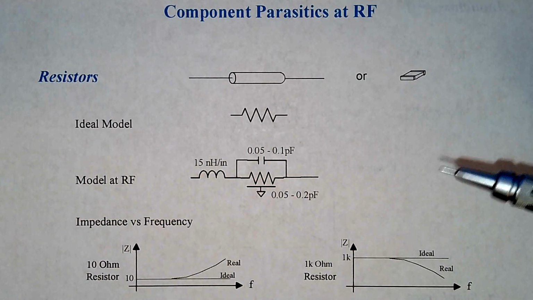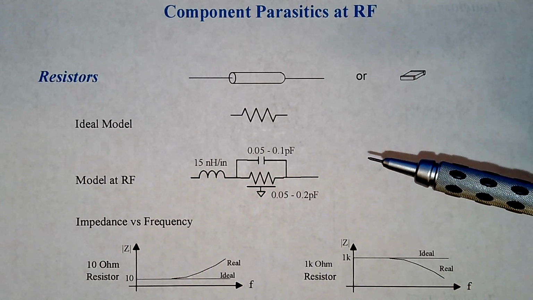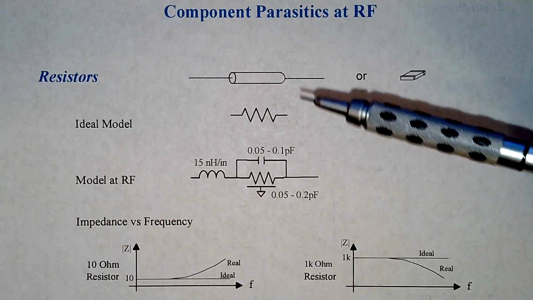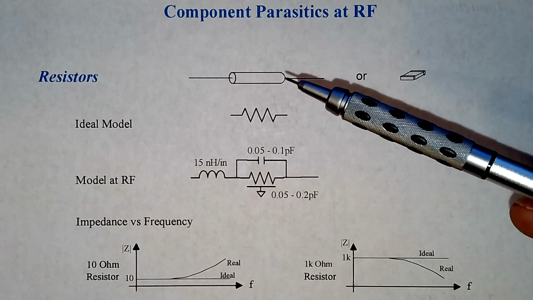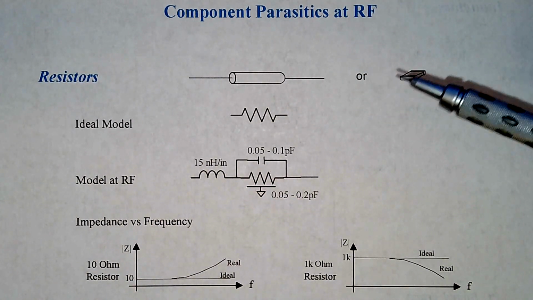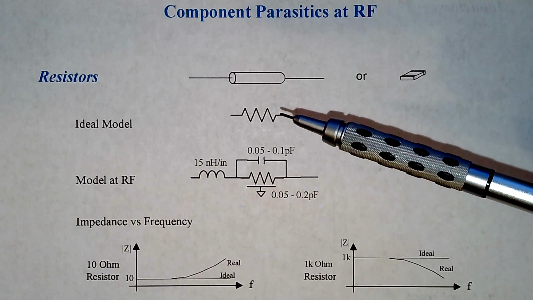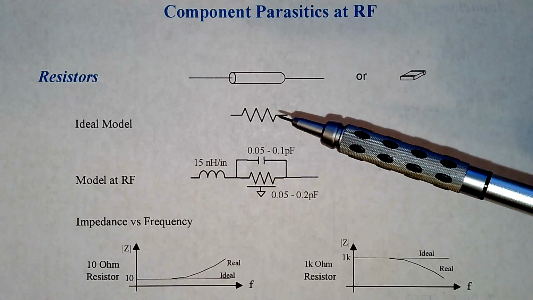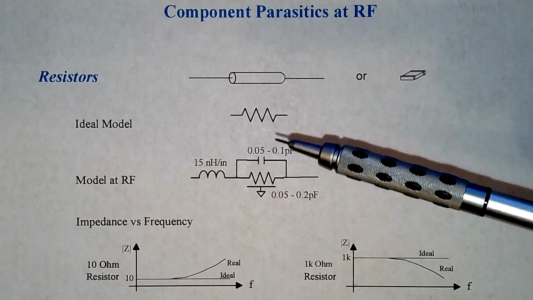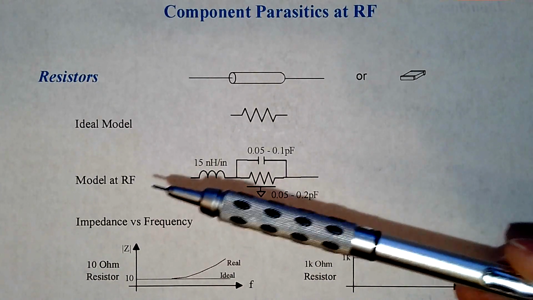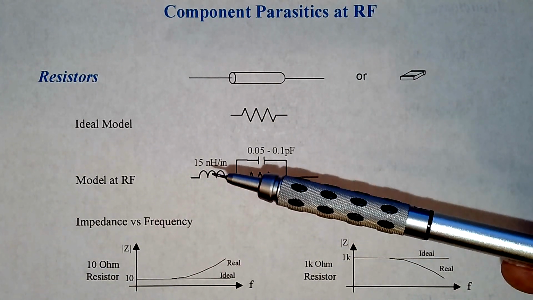So to summarize what we've just seen, this is a handout from a radio class, and it shows component parasitics at radio frequencies. Here's the leaded resistor, or drawing of one. Here's a drawing of the surface mount one. Here's the ideal model. This is what we want to believe, that the resistor just behaves the way it does in a schematic. But in reality, at radio frequencies, the model at RF is the resistor in series with some inductance.